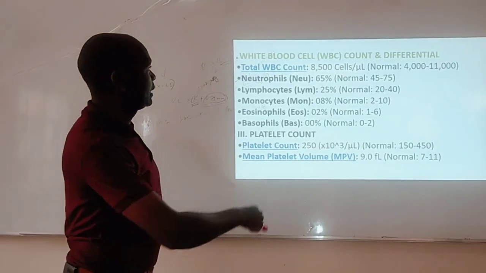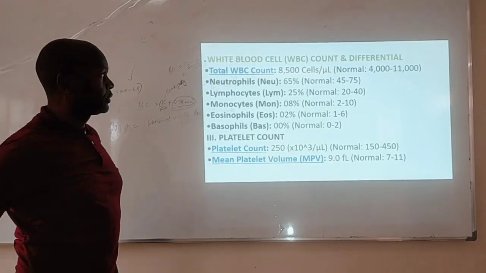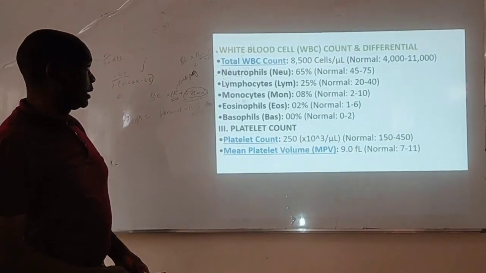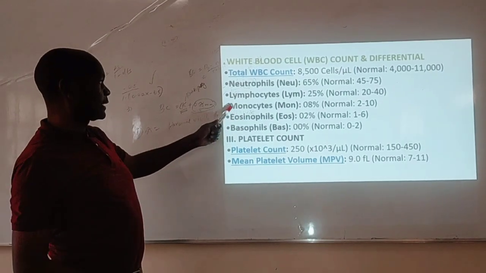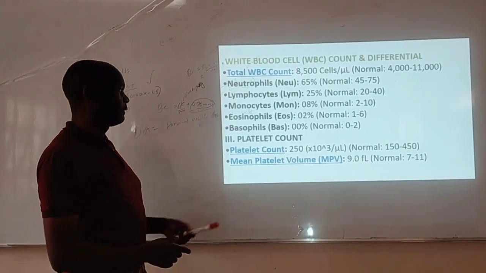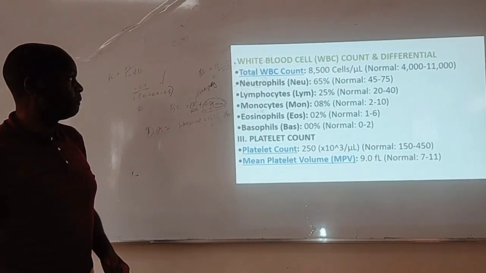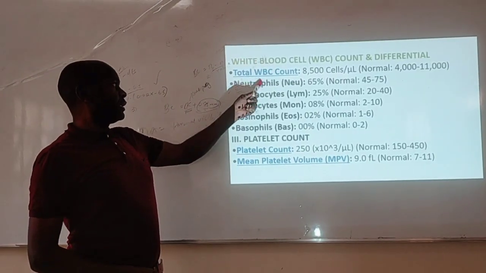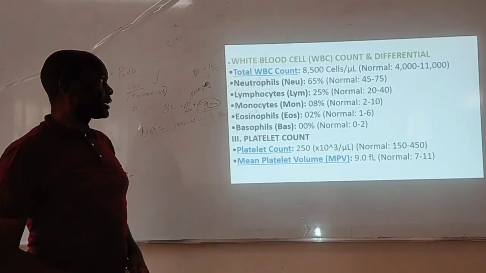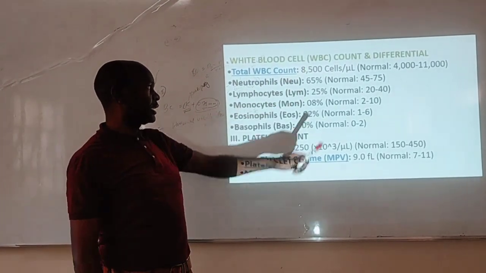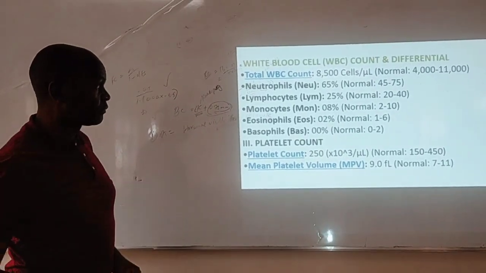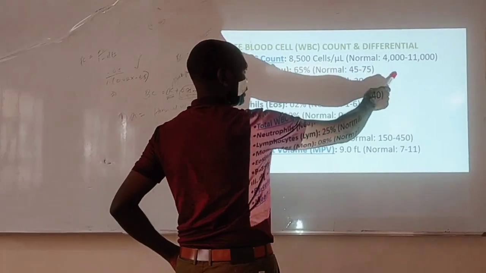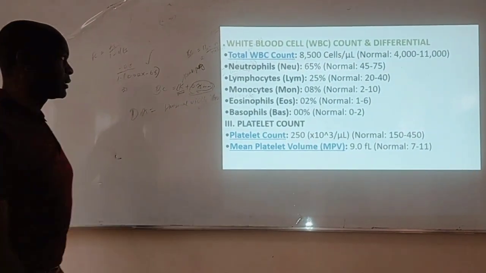So the white blood cells count together with the differentials. The differentials are just neutrophils, lymphocytes, monocytes, eosinophils, and basophils. The general white blood cells count is about 8,500 cells per microliter, in which the normal range is 4,000 to 11,000 cells.